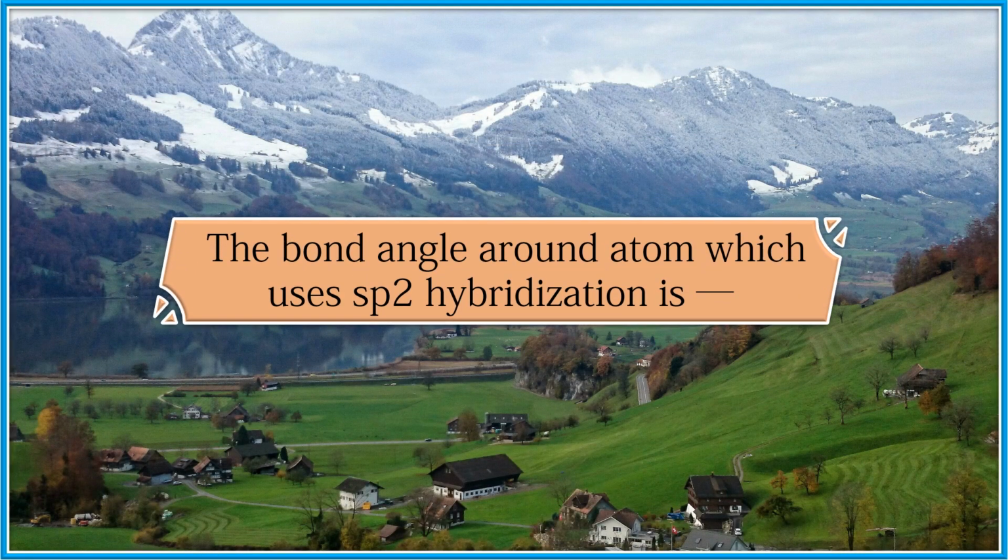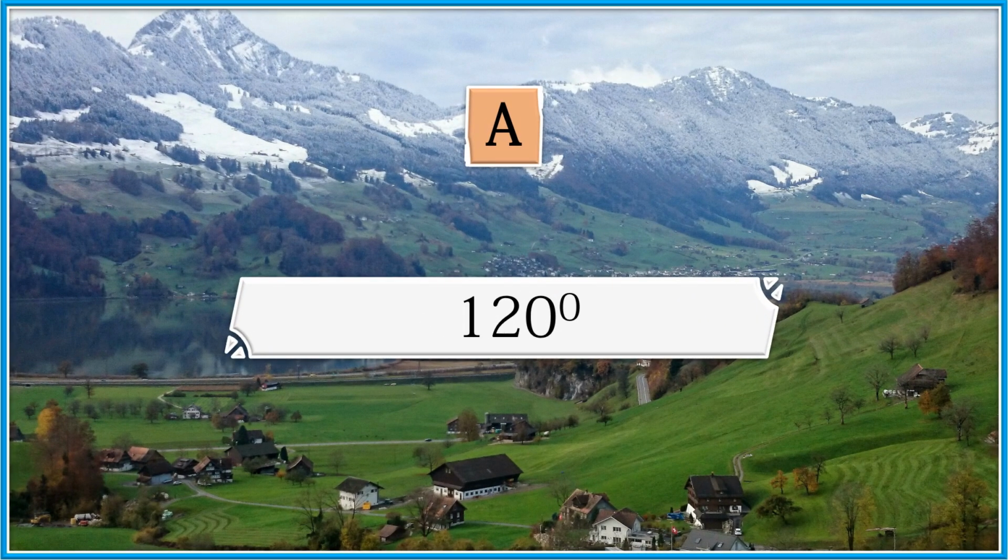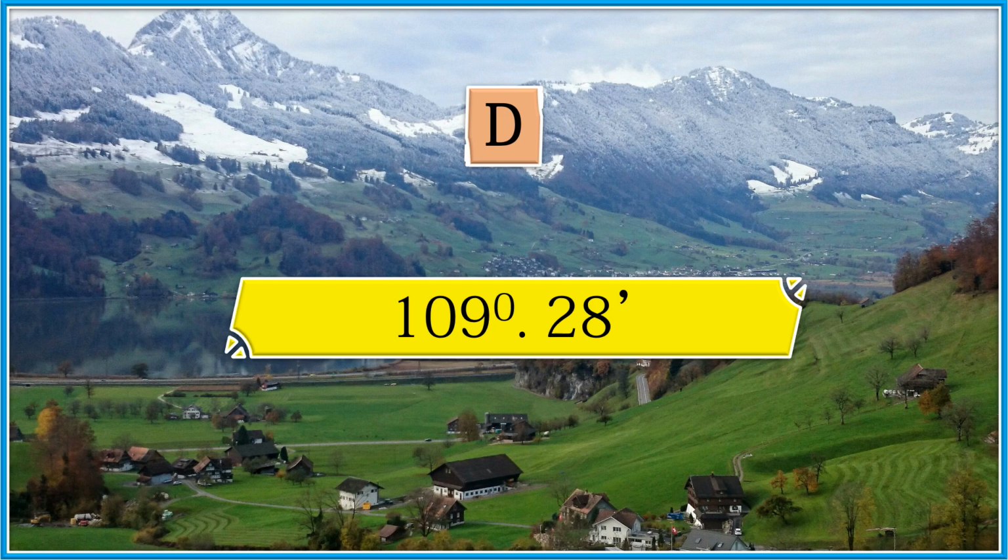The bond angle around the atom which uses sp2 hybridization is 120°, 180°, 107°, 109 degrees and 28 minutes.